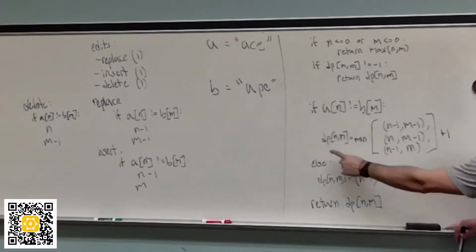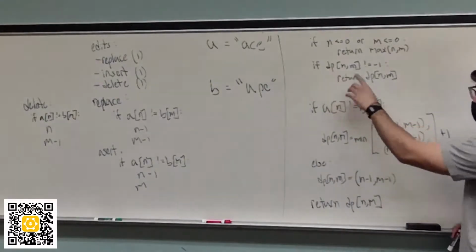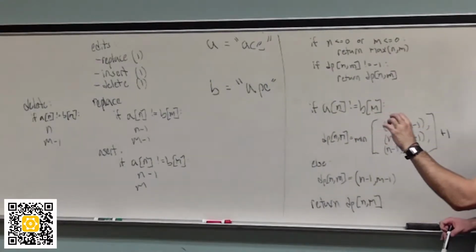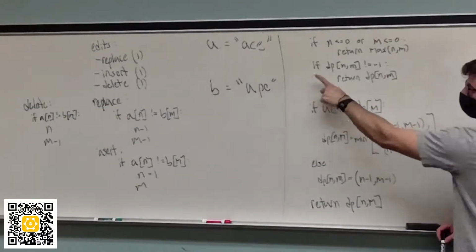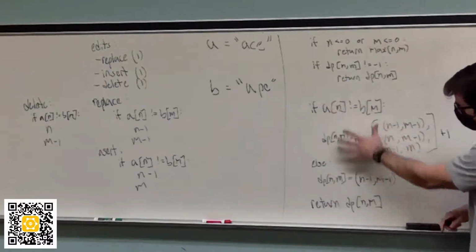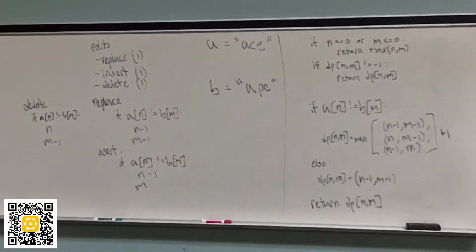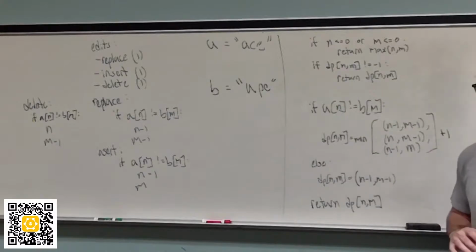But if we updated that state and we see it again, we know it's not going to be equal to negative 1. It's going to be equal to something else. And that's when we just return it. So we return that previous work, and we never do this. It doesn't necessarily need to be all filled up. It's just that that specific state is filled up. Yeah, we've done it before.